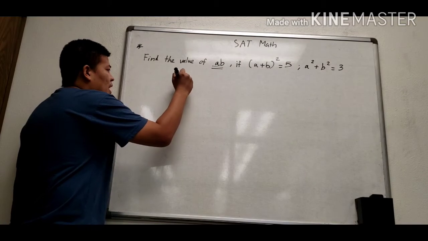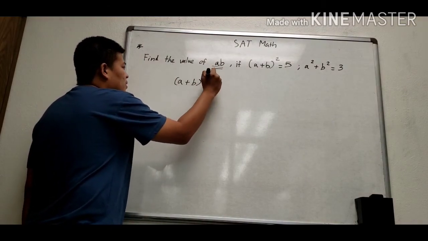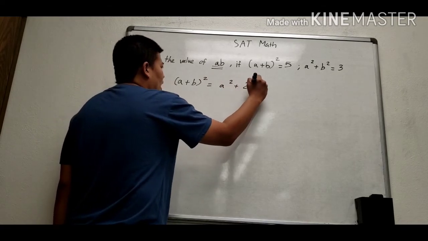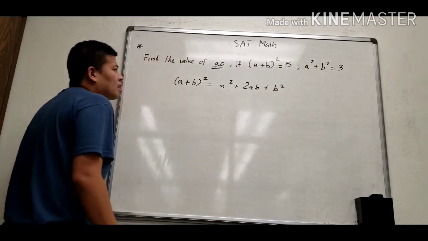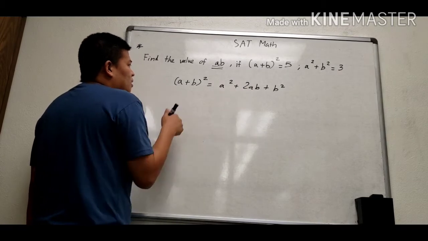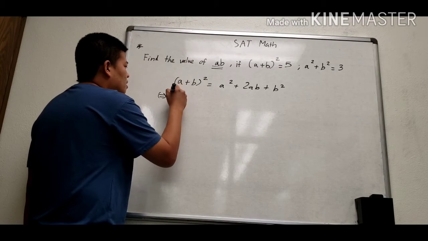As you can see, we have a plus b power 2 equal to a power 2 plus 2ab plus b power 2 in here, and they just ask for ab only, so we just move a power 2 and b power 2 to the left.